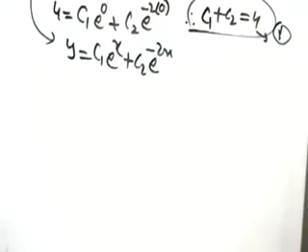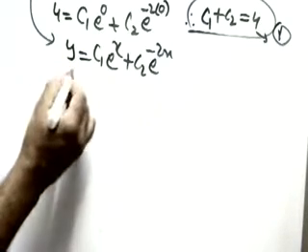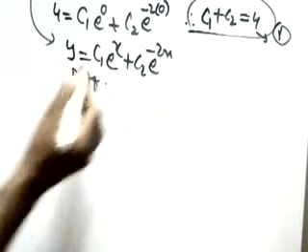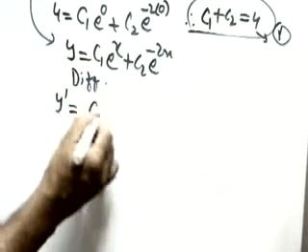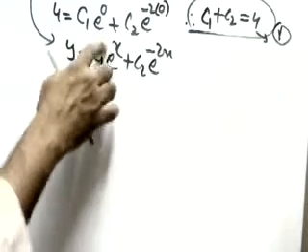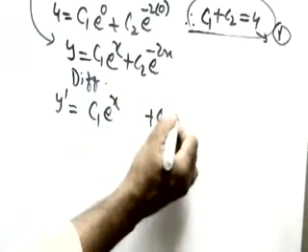Let me continue here. First, let me differentiate this one. If we differentiate y, it becomes y dash. See here, c1 as it is, d by dx of e power x is e power x only.